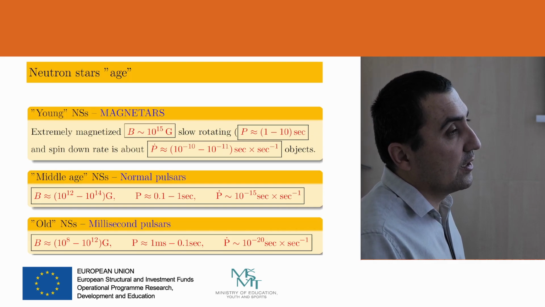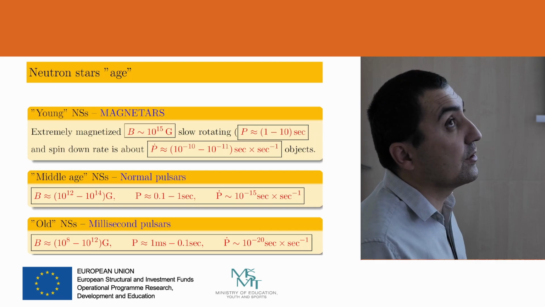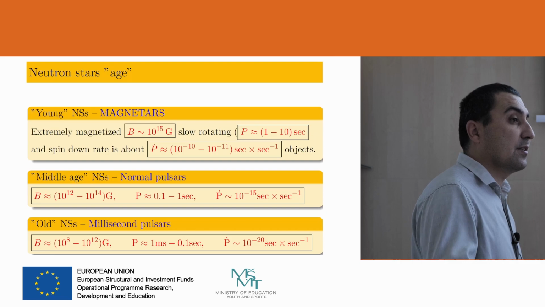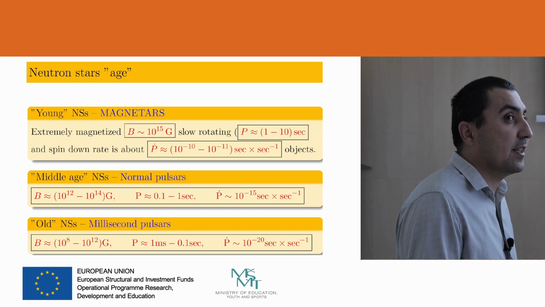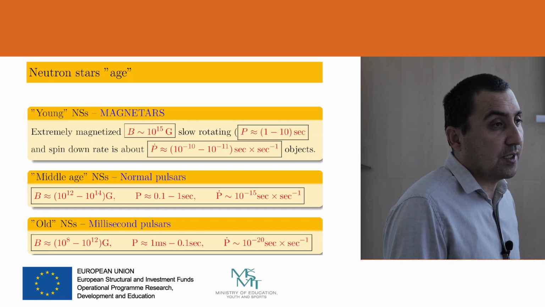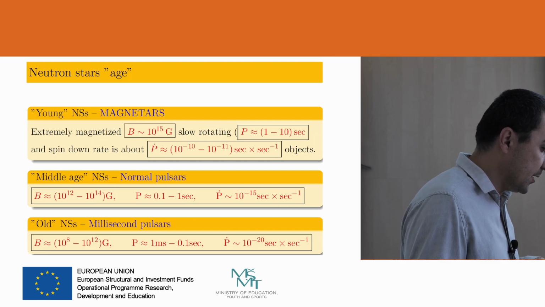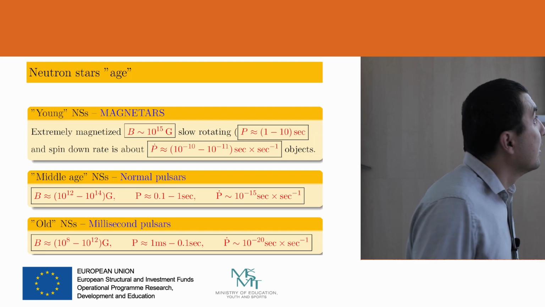In fact, they are neutron stars, or maybe in some models magnetars are explained as strange stars, which consist of strange quarks.